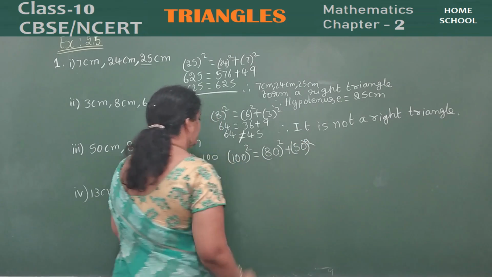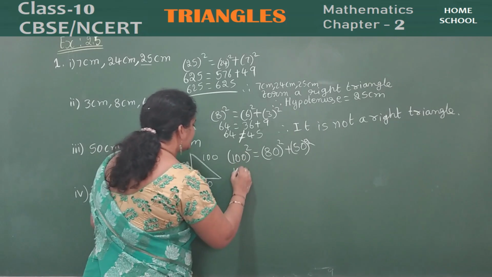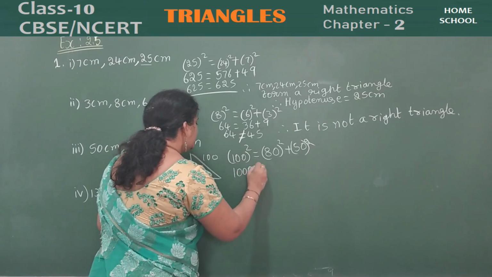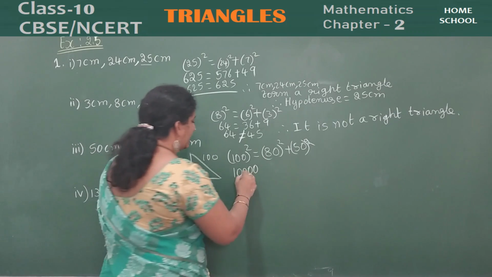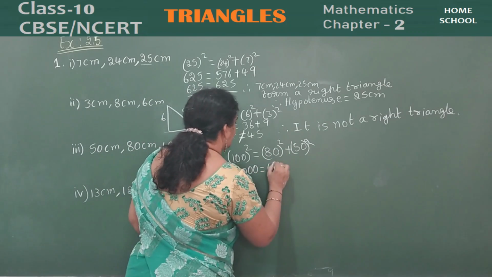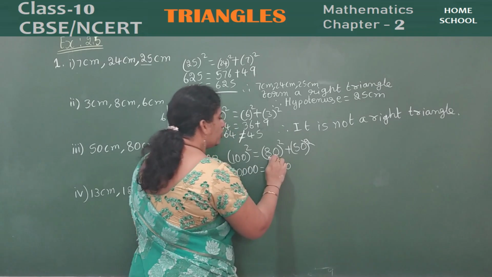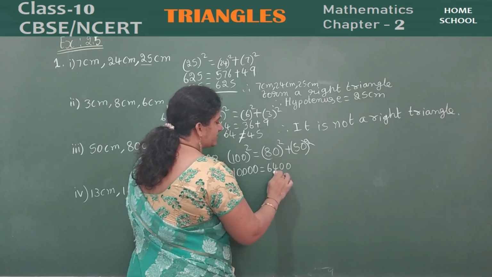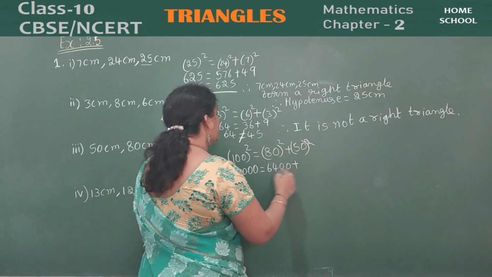So 100 hundreds are how much here, children? 10,000. That is equal to 80 80s, very simple, 0, write 2 times 8 8s are 64. That is 6,400.